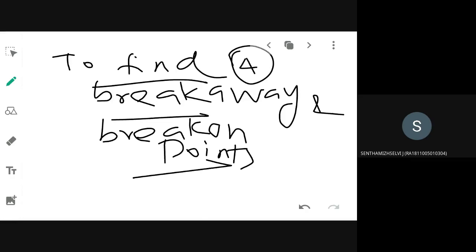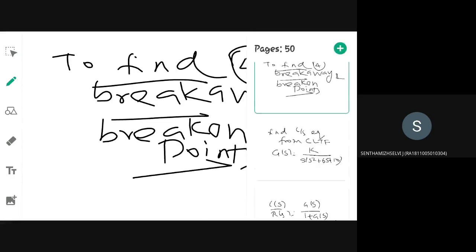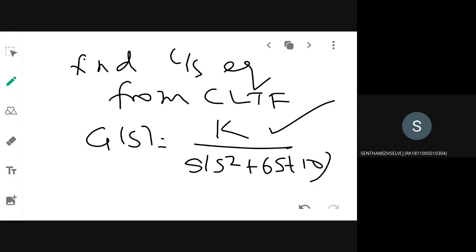There is a particular procedure that you have to follow for it. This is your open loop transfer function. The open loop transfer function given in the problem statement is K divided by s into s squared plus 6s plus 10, from which you need to find the closed loop transfer function.